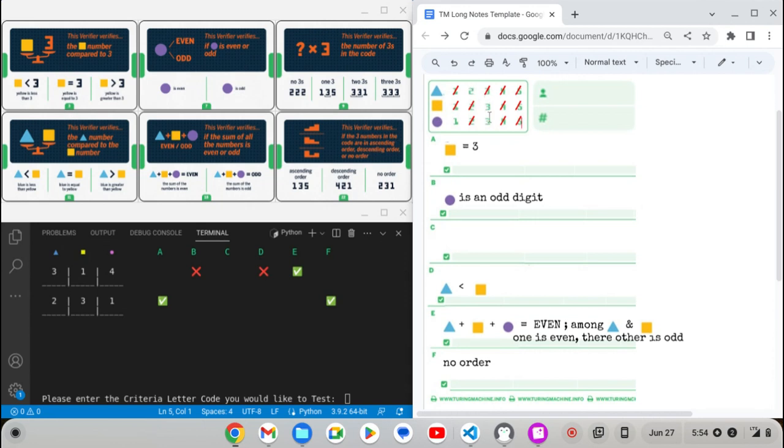If it's 2, 3, 3, that's also considered no order because it doesn't increase or decrease by going from 3 to 3. So whenever you have consecutive digits, as in triangle square being the same or square circle being the same, those actually constitute no order because it's not either increasing or decreasing.